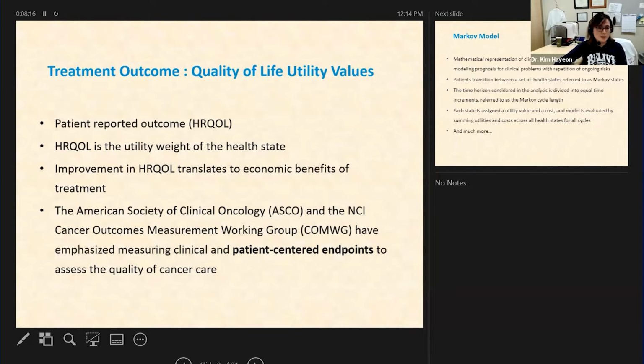Recently, patient-centered endpoints to assess the quality of cancer care are very much emphasized by our radiation oncology and oncology community. Health-related quality of life also means economic benefits of the treatment.